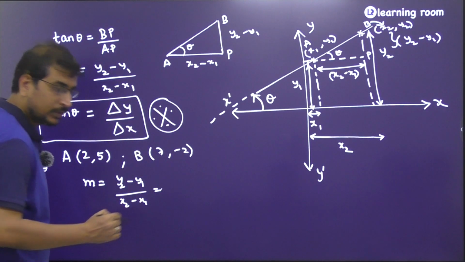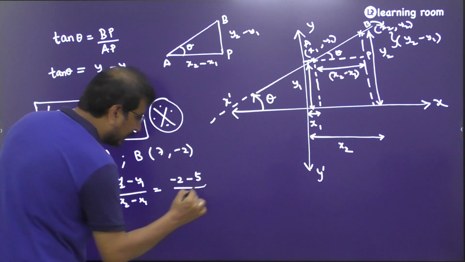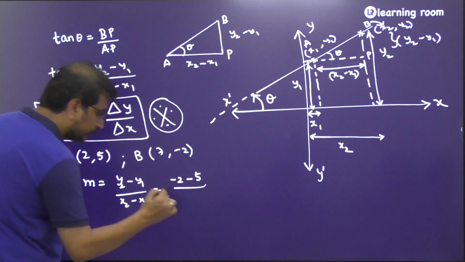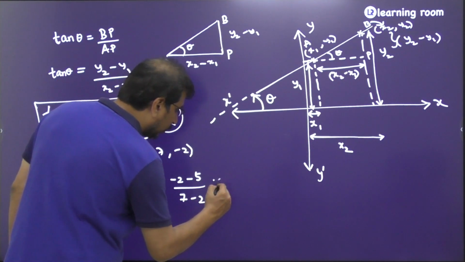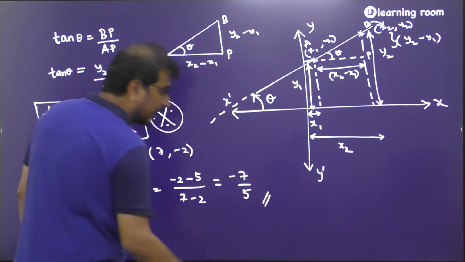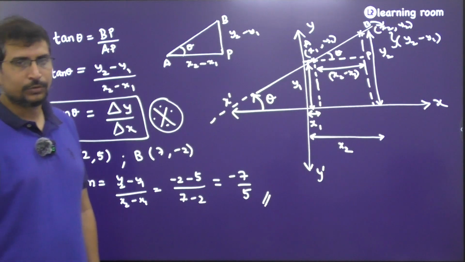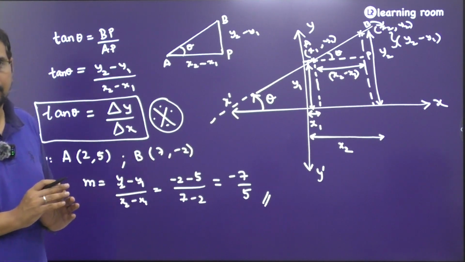So this is y2. Minus 2 minus 5 divided by 7 minus 2. Am I clear with this? So what is the answer going to come out to be? It is minus 7 divided by 5. So the slope of the line in this scenario is going to be minus 7 by 5. I told you, it's just a number.